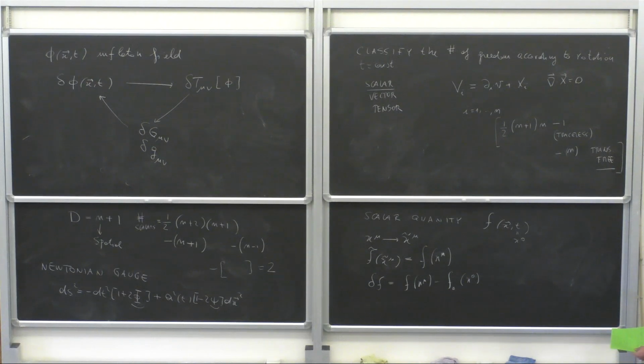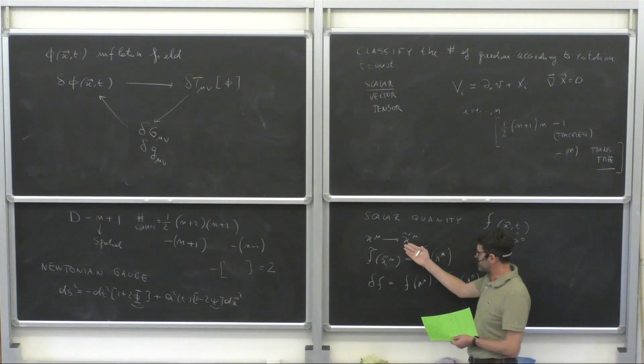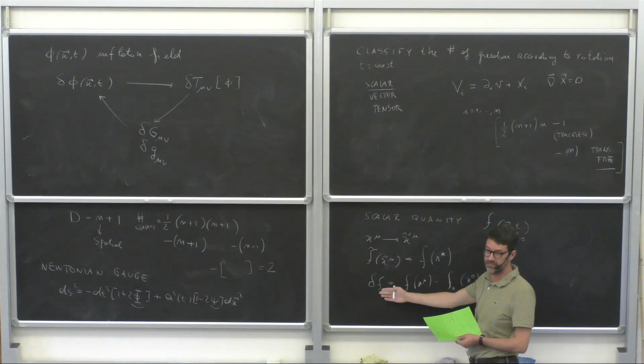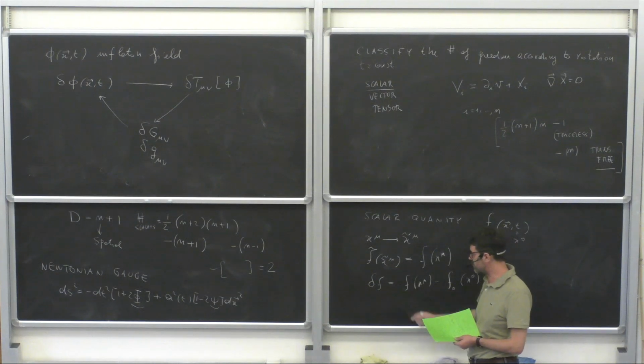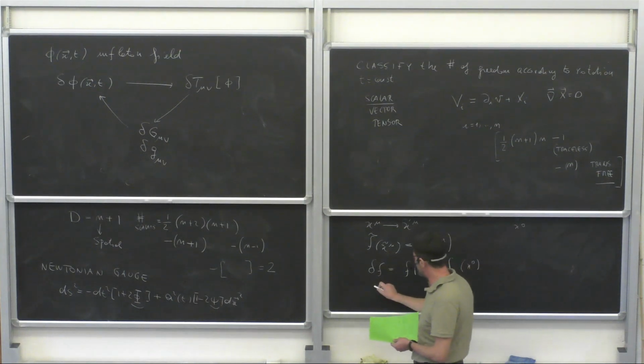So the question is, suppose that I make a coordinate transformation. Will the new observer, measuring with labels x tilde, find the fluctuation to be the same as the other observer or not? The answer is no, by this simple computation. Let's say, what is delta f tilde?